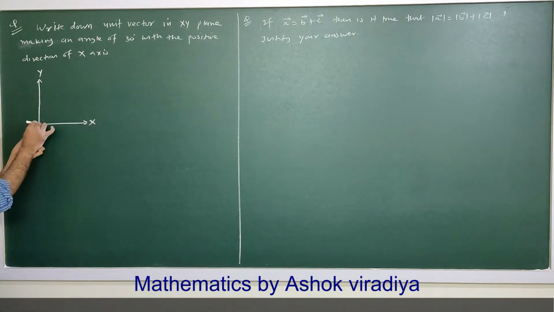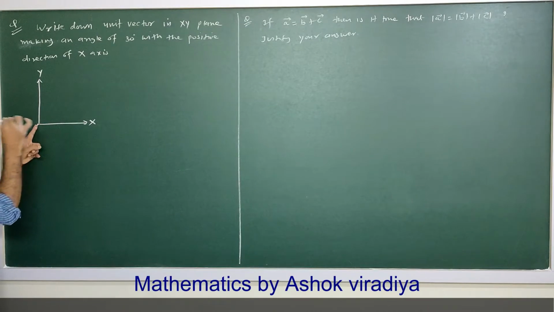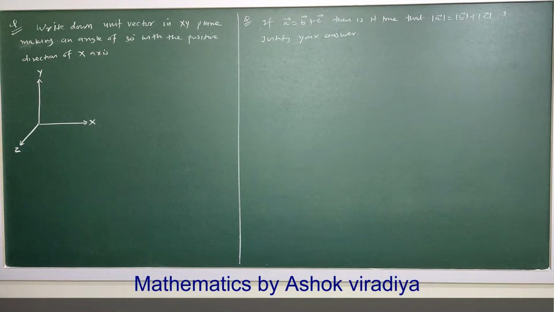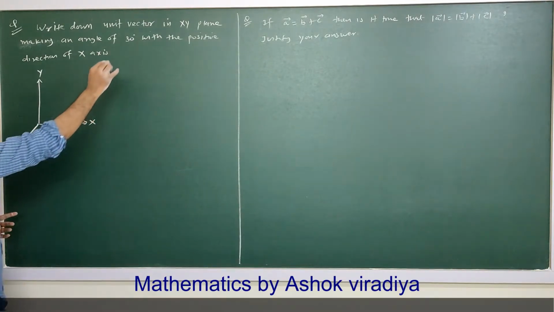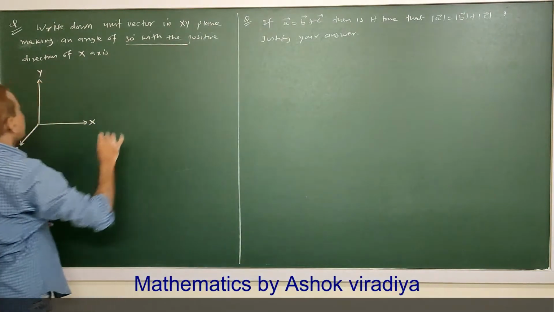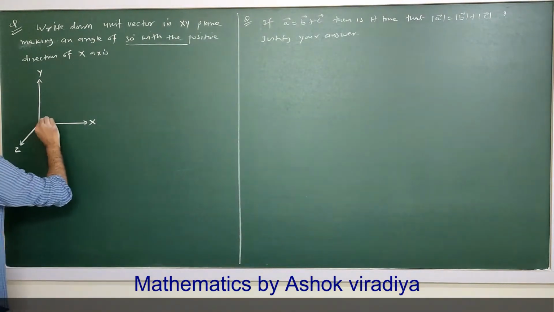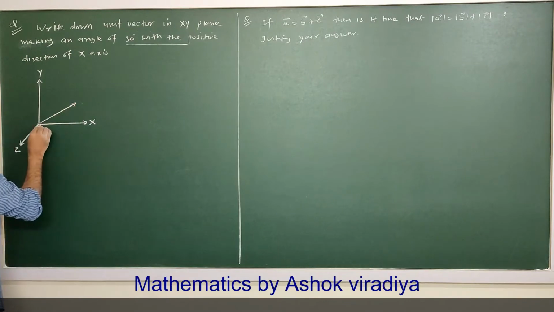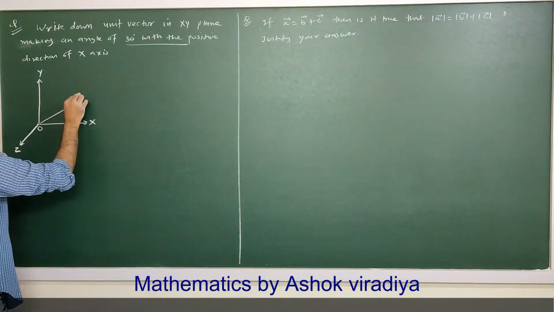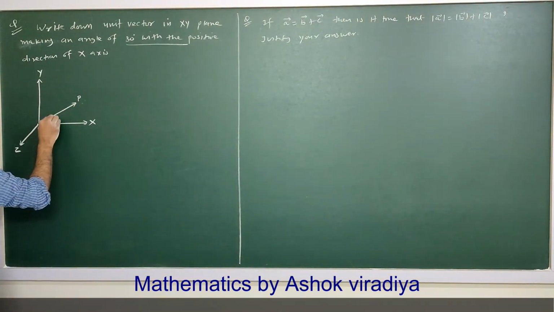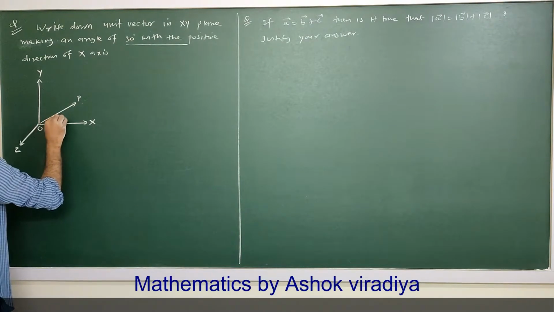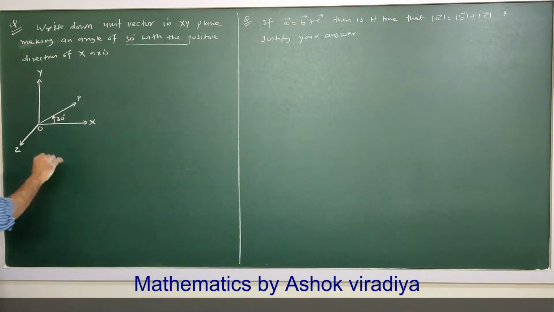This line perpendicular to this surface is the z-axis that we are showing here in cross. Now a vector which is making angle 30 degrees with positive direction of x-axis, so we consider this angle. Suppose OP is making angle 30 degrees with the positive direction of x-axis.